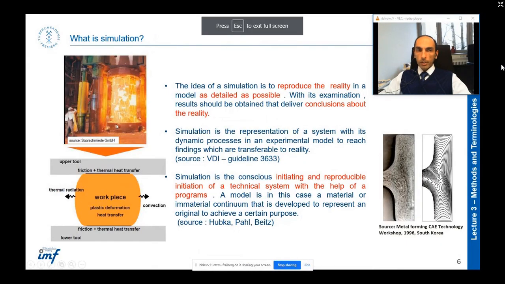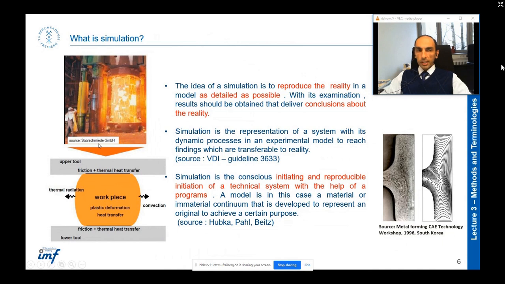As you can see here in the photo, it shows the upsetting of a very big block of steel, maybe. If you compare the size of the block and the size of the operator here, you can see how big this process is, how difficult it is to set up, and of course how difficult it is to repeat such a process.